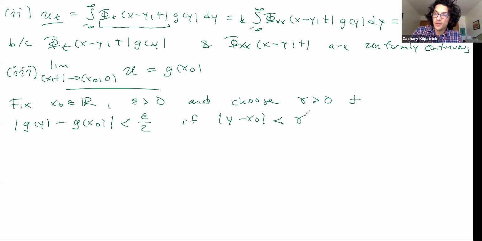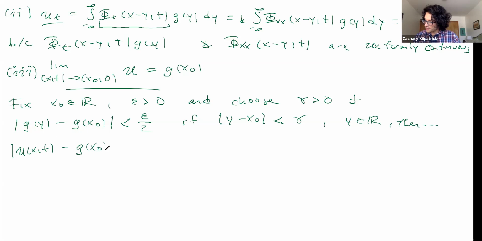And why can I do that? I can do that because g is continuous, right? I can use this sort of epsilon delta bounding, basically for y living in R. Well then, if I do that, then what I can say is that u of x,t minus g of x0 is equal to what?